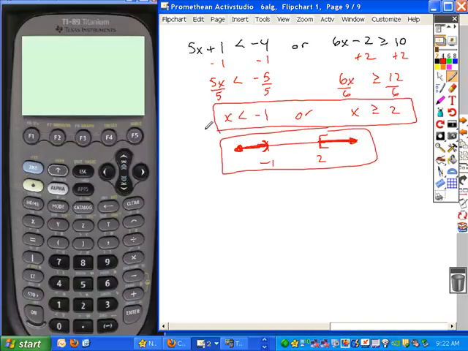Okay, and then your final interval notation, you're going to write the interval for the left part, followed by the interval for the right part. So for the left part, our lower limit is -infinity, our upper limit -1. Can never include -infinity. Our -1's not included either. So it's a parentheses.